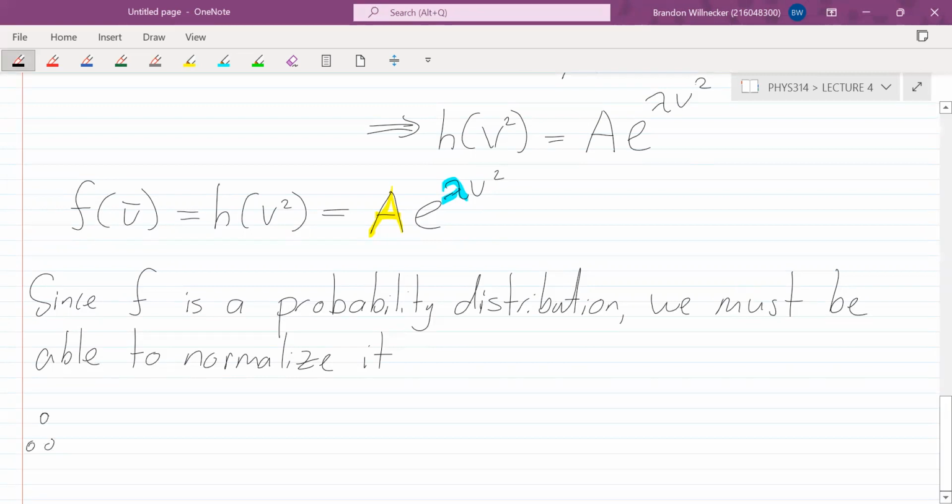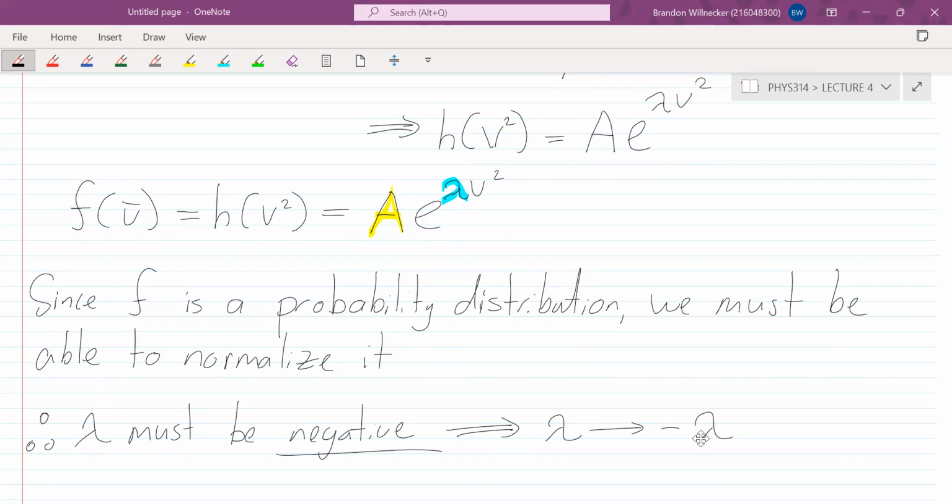So lambda must be negative for this function to be bounded. What we can do is take lambda and replace it by minus lambda, just to emphasize that this quantity is negative.